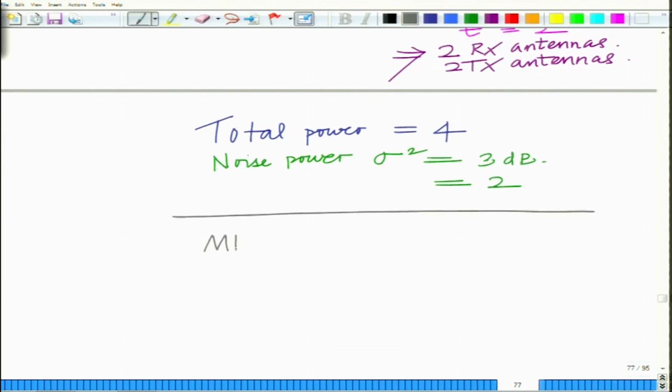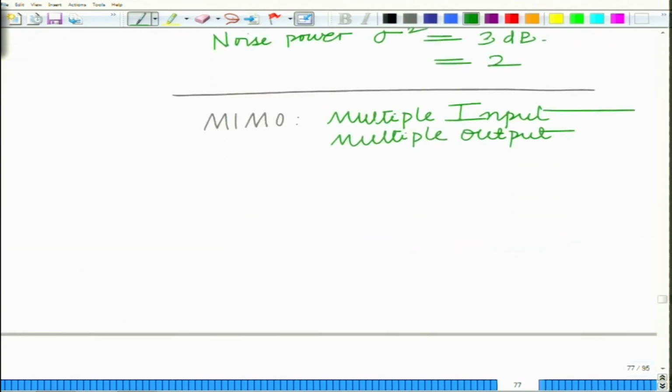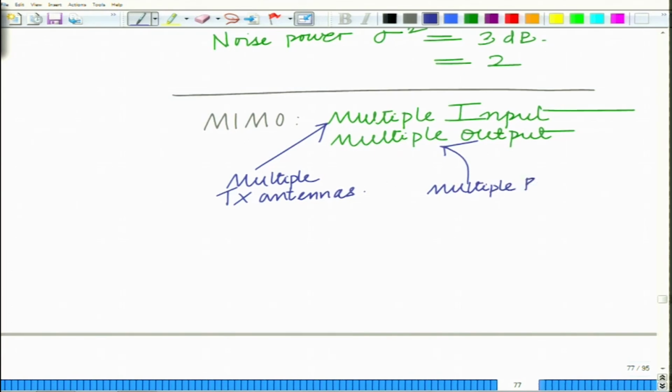Remember, MIMO stands for multiple input multiple output system, which means that basically you have a wireless communication system with multiple transmit antennas and multiple receive antennas. Okay.